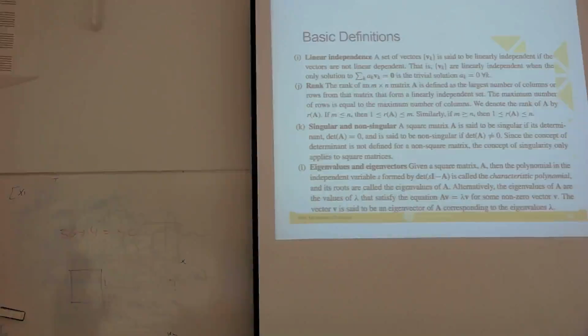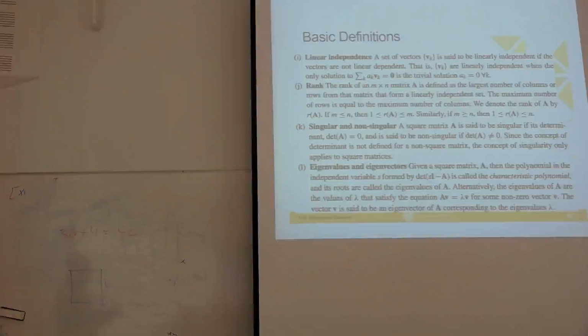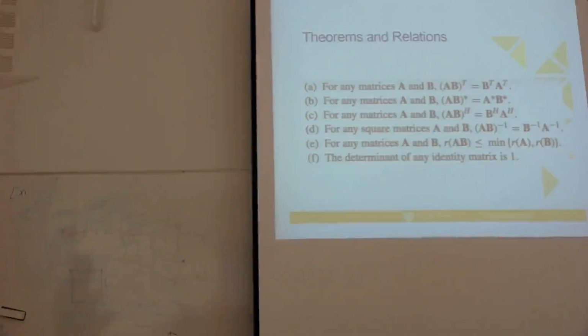Okay, what we mean by rank of a matrix, because matrices are widely used in this course. Singularity and non-singular matrix. What is the meaning of eigenvalues and eigenvectors? So it would be good if you can go through those, or at least during the course when we talk about something, we will mention if it is already in those definitions here.